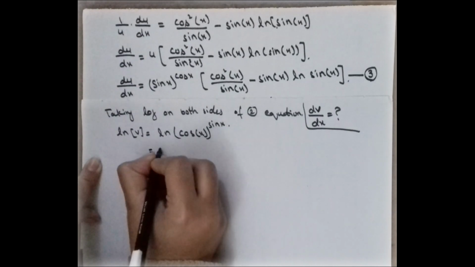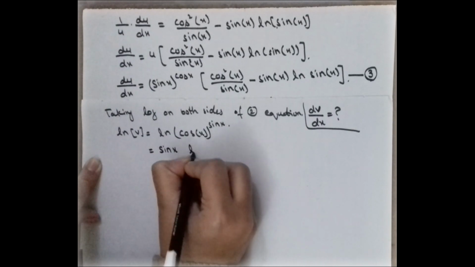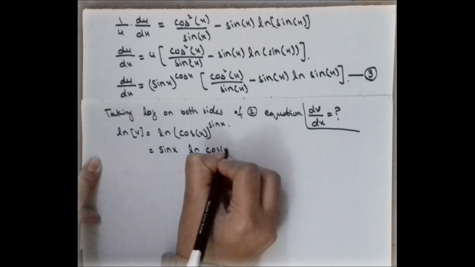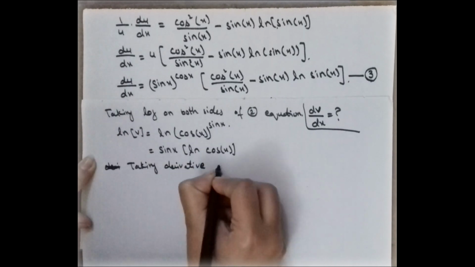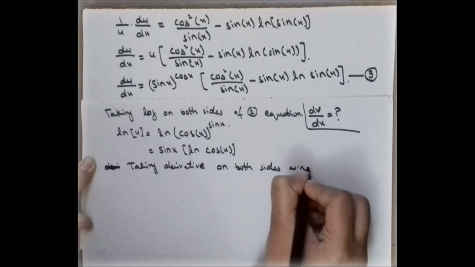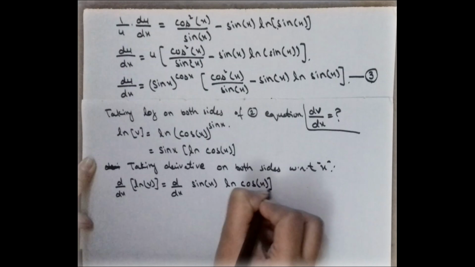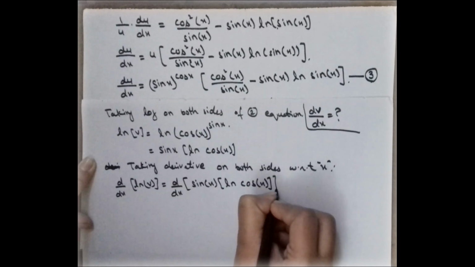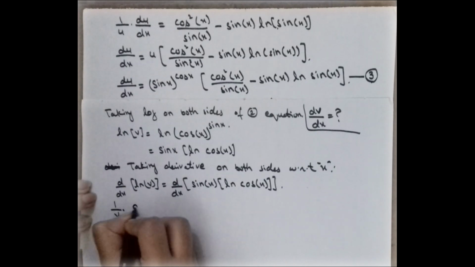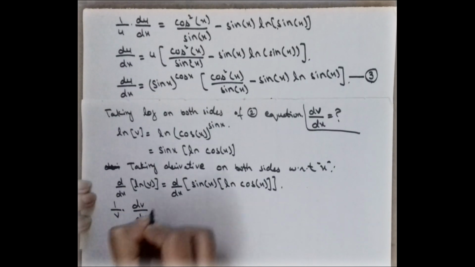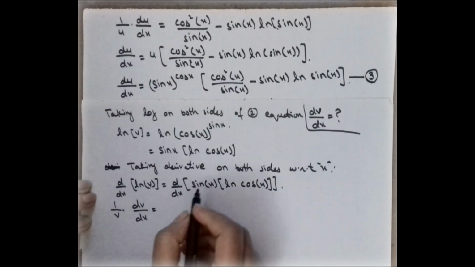The power term goes outside: sin of x times ln cos of x. Now taking the derivative, we get 1 over v times dv over dx. Here we apply the product rule.